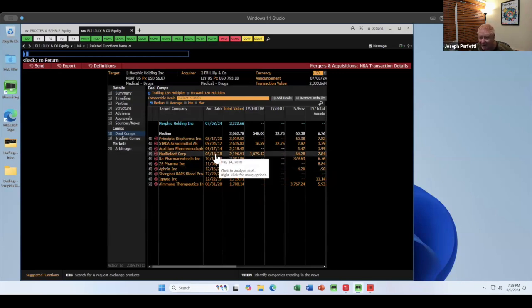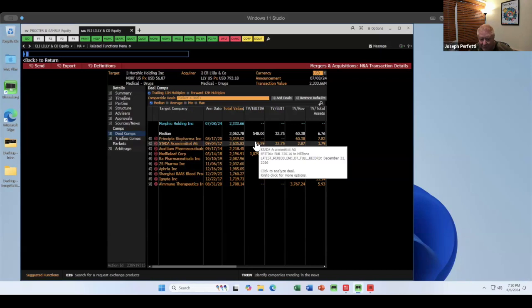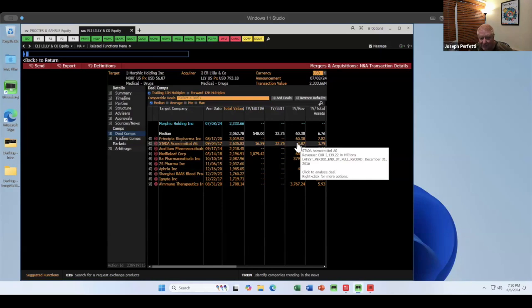So not a huge amount of trading in this type of industry, but nonetheless, these were all the purchase prices paid. And if the companies had profits, 3 of them did, this would be the price paid as a multiple of EBITDA. Price paid to EBIT as a multiple. Price paid to revenue, if they had revenue, as a multiple. And so these are the industry averages.